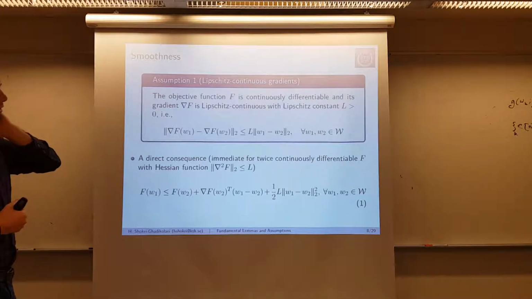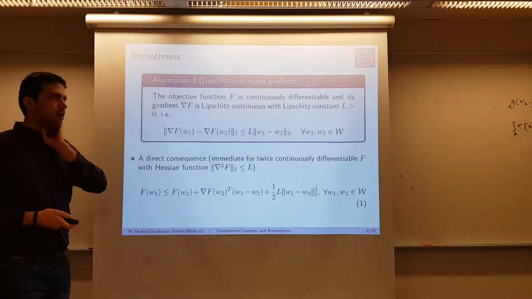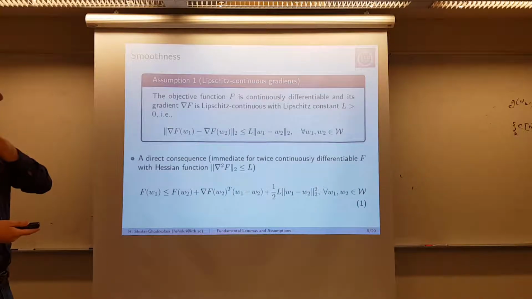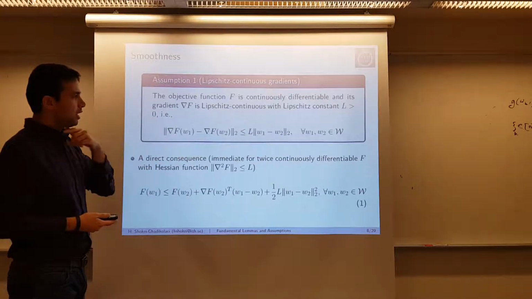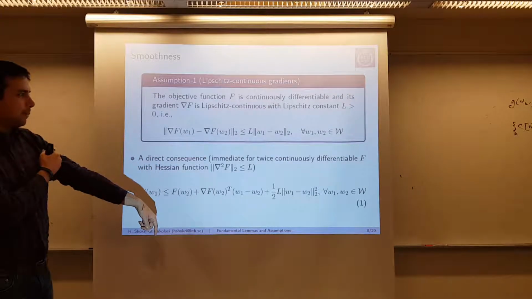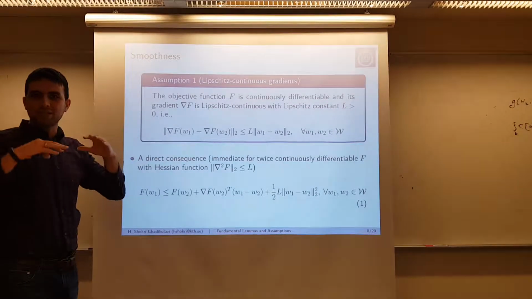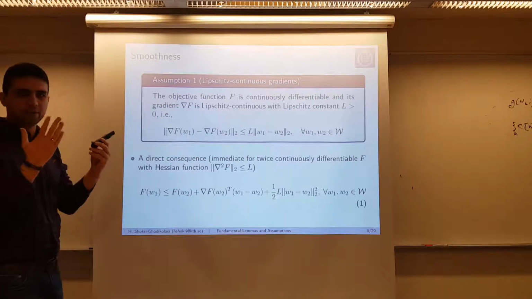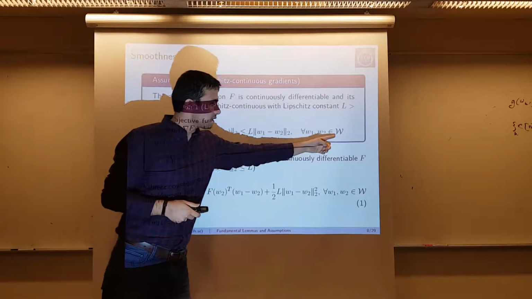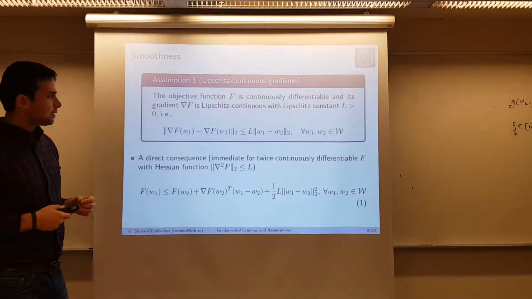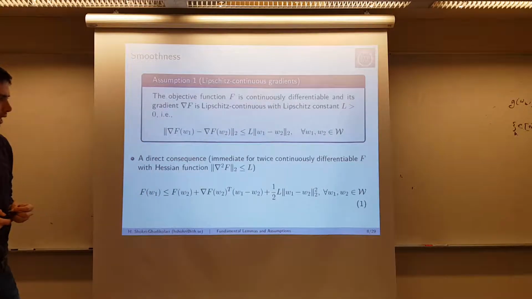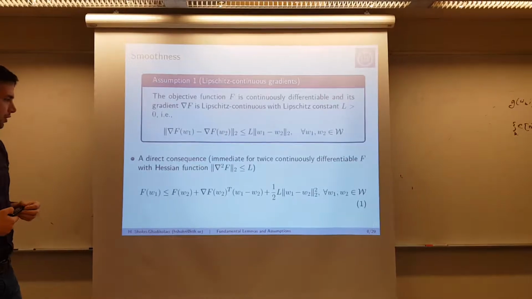So the first one is Lipschitz continuous gradient, which says that the objective function should be continuously differentiable with some bound on its gradient, which is essentially like this. The gradient at any two points of W should be, again, what is W? W is the hypothesis function over which you are optimizing, which comes from some class W. This gradient is Lipschitz continuous with Lipschitz constant L. And a direct consequence of this would be this inequality.